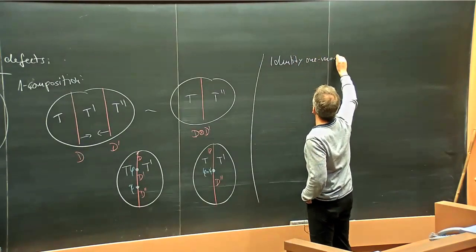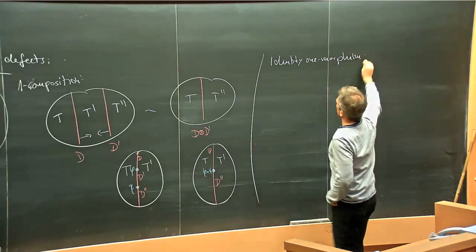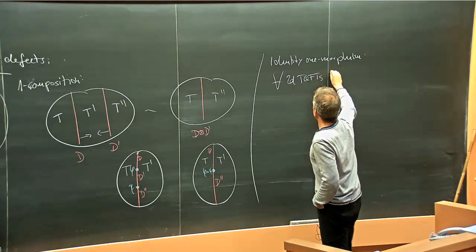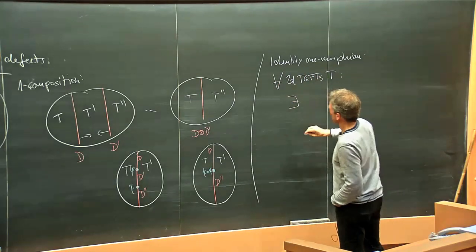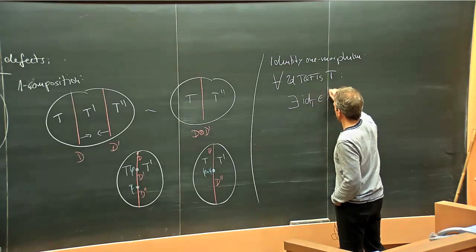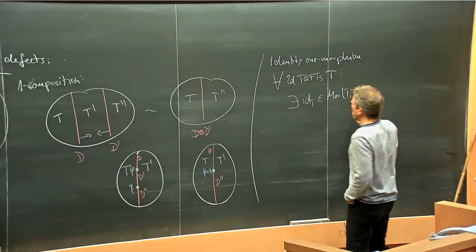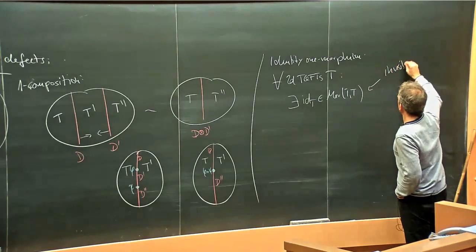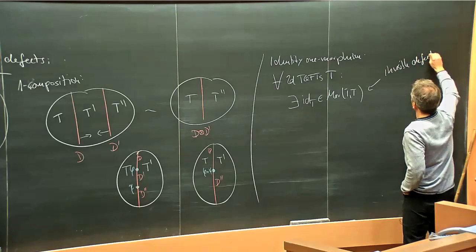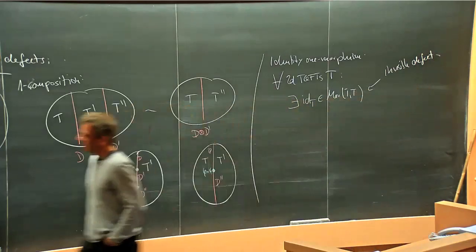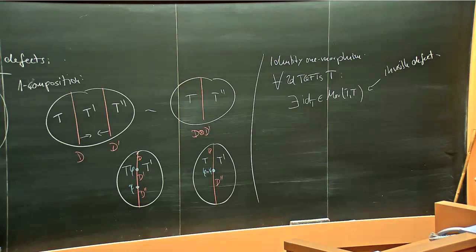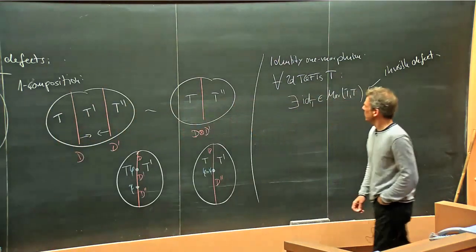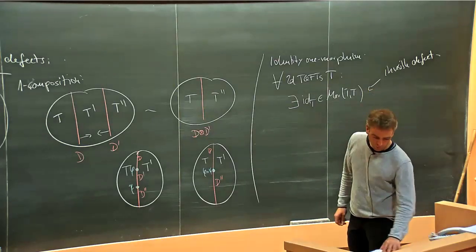So for all 2D TQFTs T, there exists what I call identity T in the morphisms of T and T. And this is just the invisible defect, which means basically you mark sort of a line here on the surface, but really nothing happens there. So these are always there in TQFTs. So you have identity one morphisms.